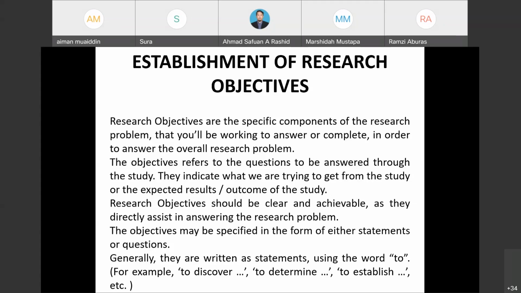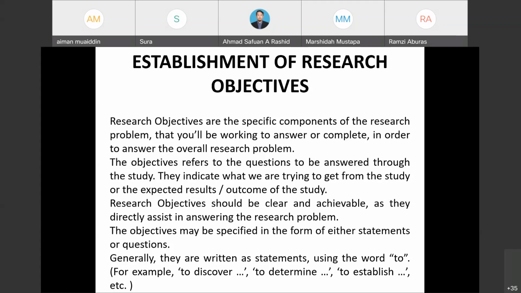What is the enhancement of the soil engineering properties? And what is the relationship that you gained between the shear strength and the amount of stabilizer? Is it linear or non-linear? So that is the objective. At least you need to have three.